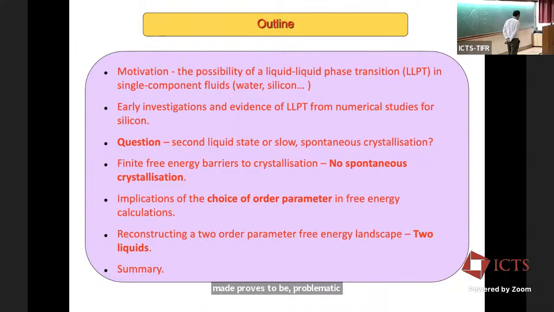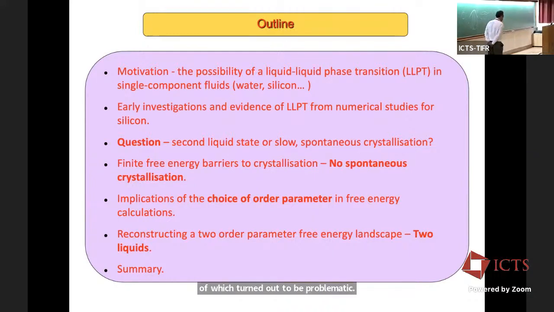So in the end, after a decade of controversy about this, the summary is that there were two choices of simulation methodology that they made, both of which turned out to be problematic.